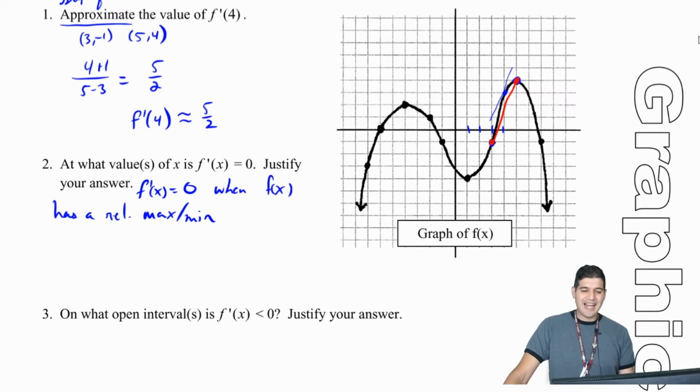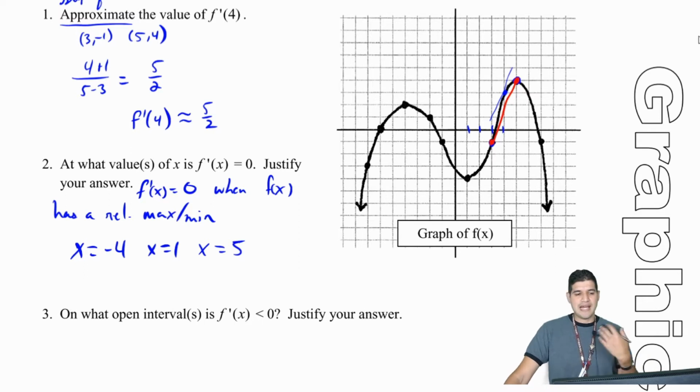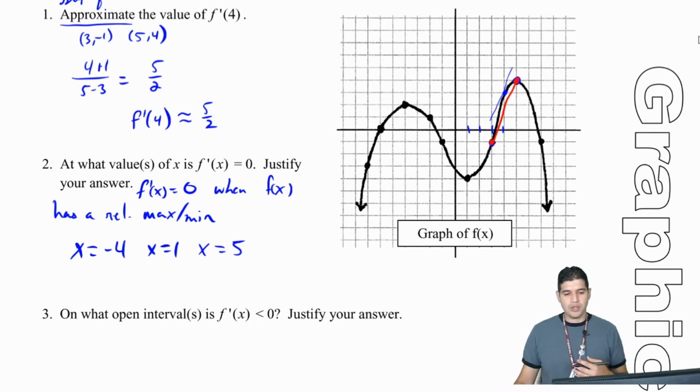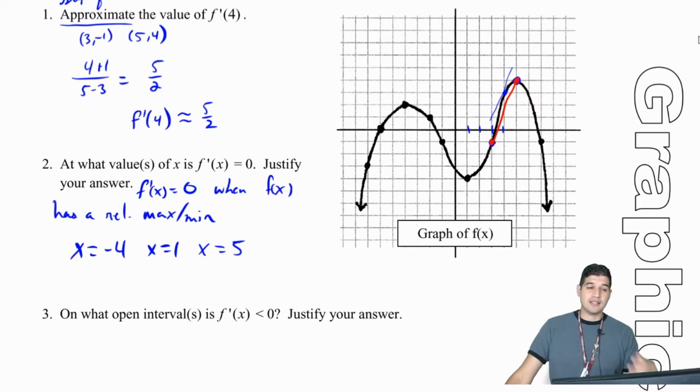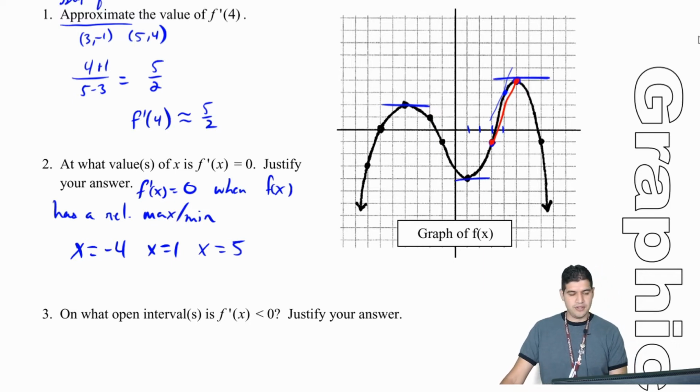The points that I have are x equal to -4, x equal to 1, and x equal to 5. Those are the points where I have maximums and minimums, and so those are the points where f prime would be 0. Again, we're looking at the slope of the tangent line there, so that's going to be 0 right there, 0 right there, and 0 right there in the graph.